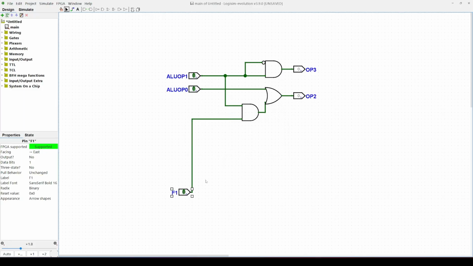And then we have an OR gate, both of its inputs negated.